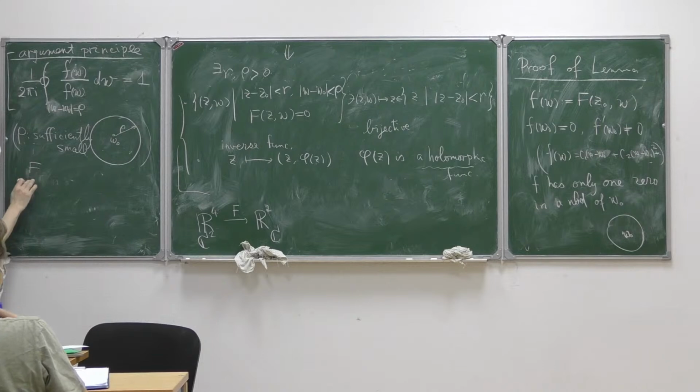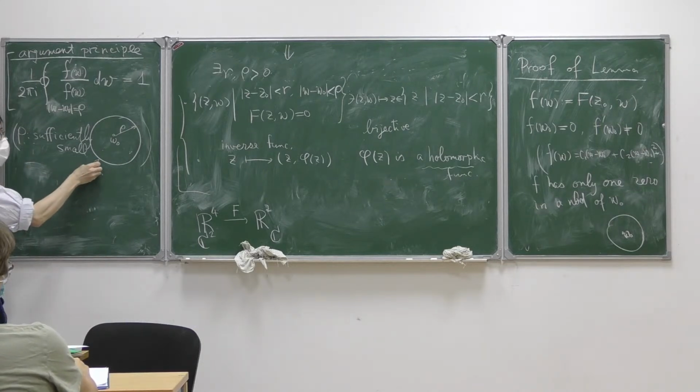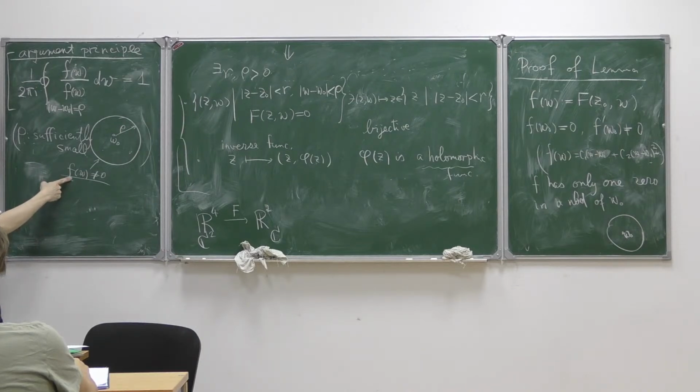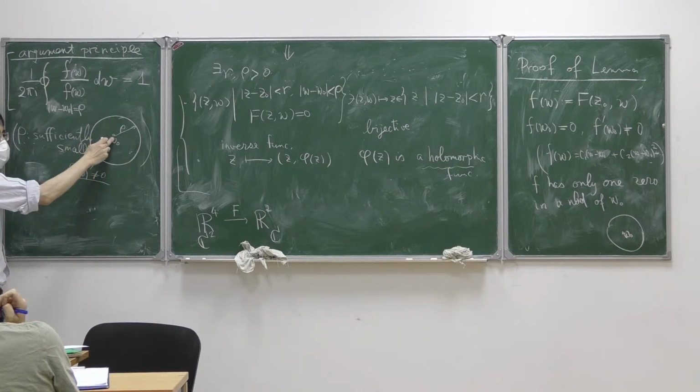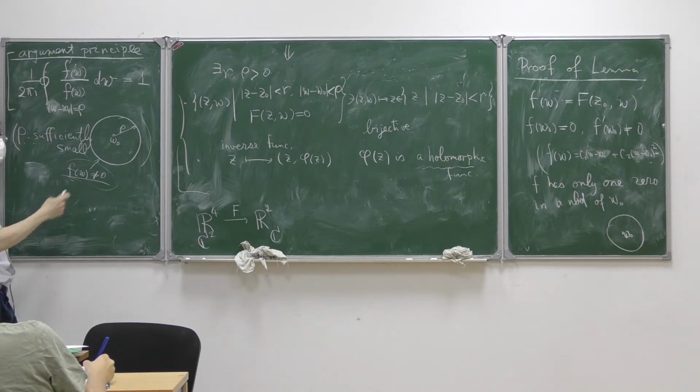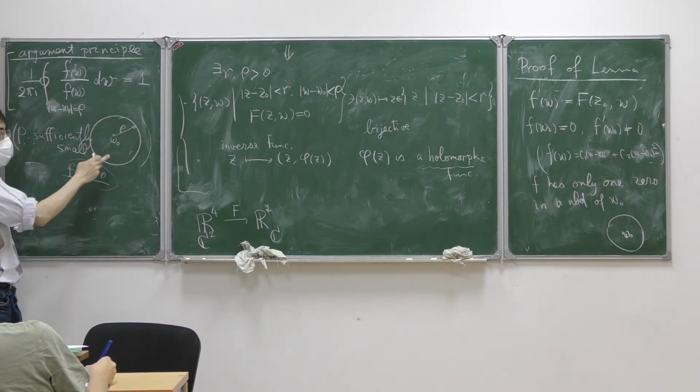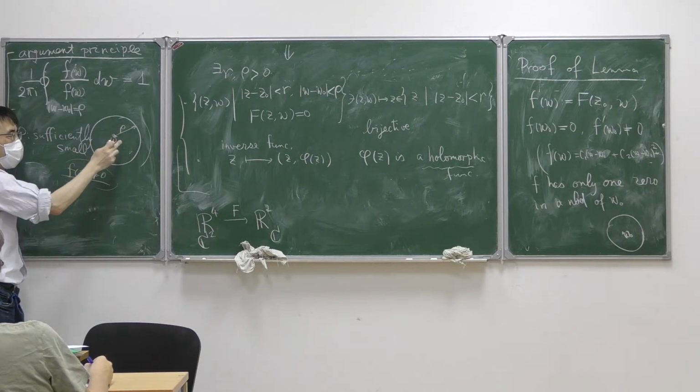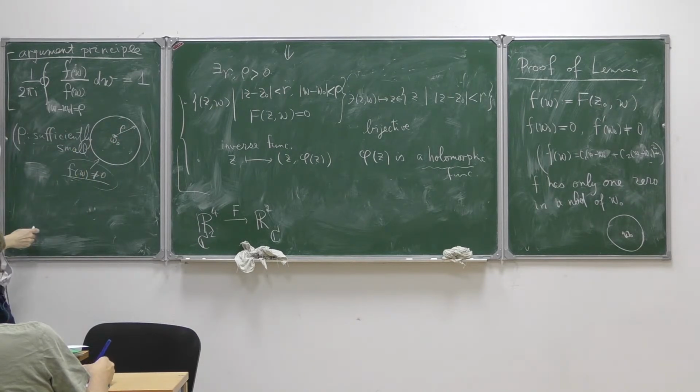And so on this circle, we can assume that f does not vanish. Since in the neighborhood of this point there is only one 0 here, we can take such a radius that on this circle and on this disk, the only 0 of f is W0.